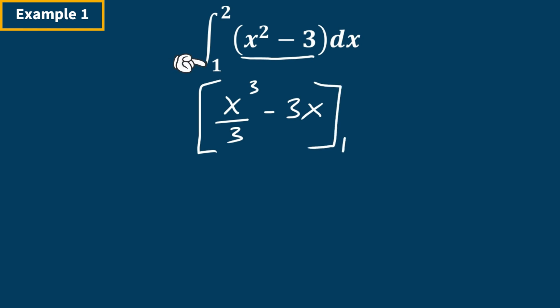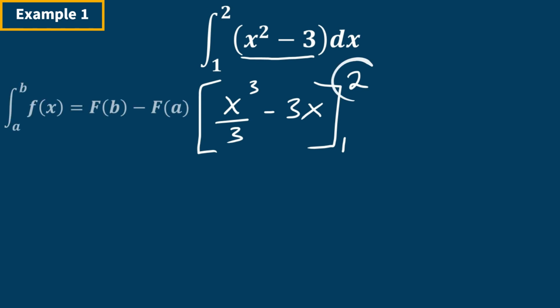And now whenever we're doing definite integrals, this is the notation that we work with. We're going to put our a value, which is 1 here, and our b value, which is 2 up there. What we do first is we'll start with this 2 up here. We're going to plug that 2 into every x inside. So what we'll have is 2 cubed over 3 minus 3 times 2.